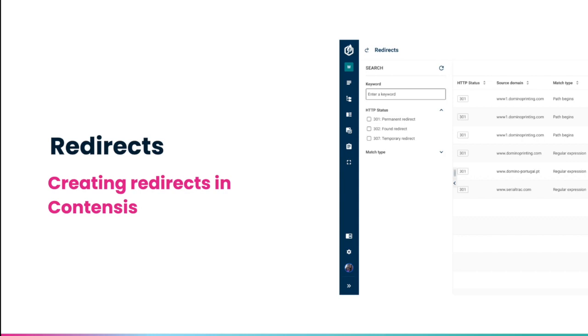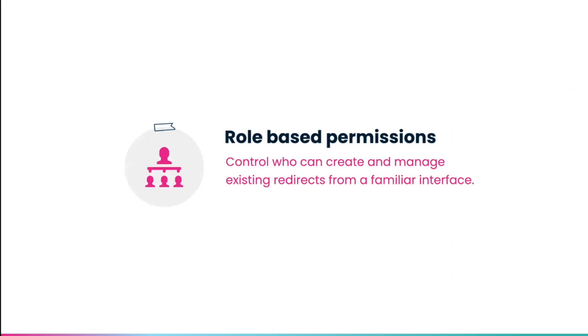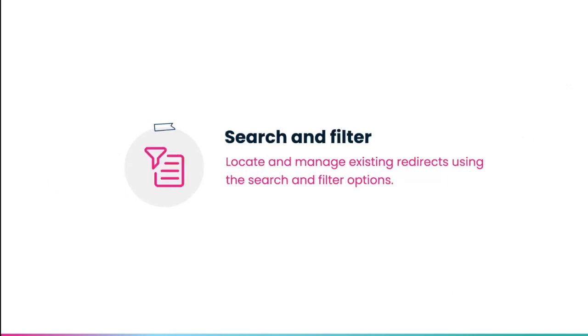So the ability to create permanent or temporary redirects within the Contensis interface, all based on user roles in a familiar interface. You'll be able to assign who can create, update, and manage those redirects, and easily search and filter those redirects in the Contensis UI.